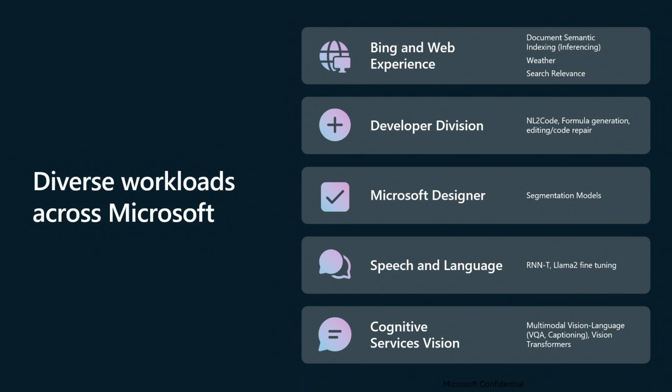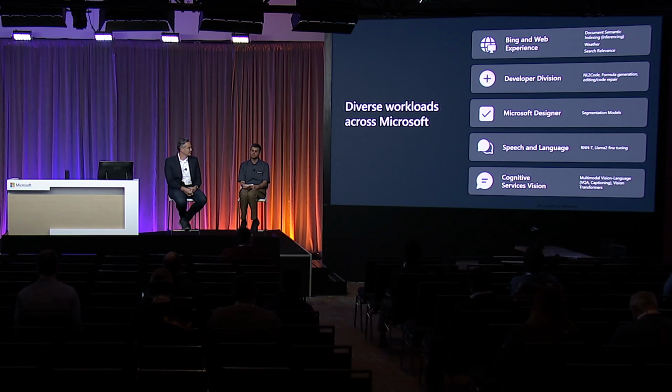And then finally, cognitive service vision. I think they have trained vision models as well as multimodal models where you can do visual question answering or captioning. So you give an image and then get some automatic captioning for that, and again a combination of more traditional convolutional neural networks as well as a combination of convolution and vision transformers.